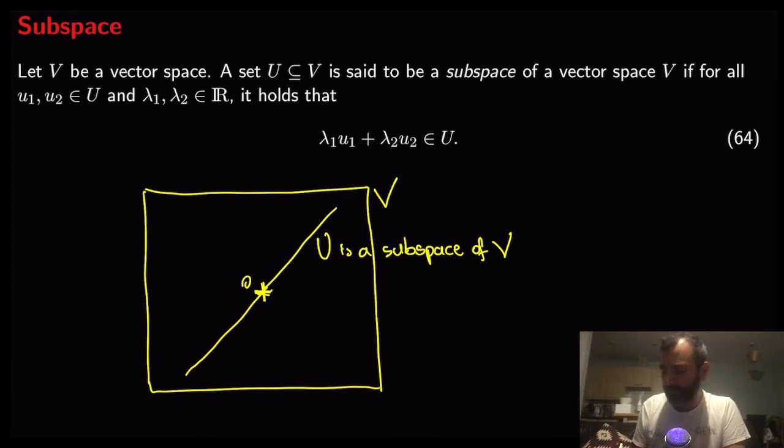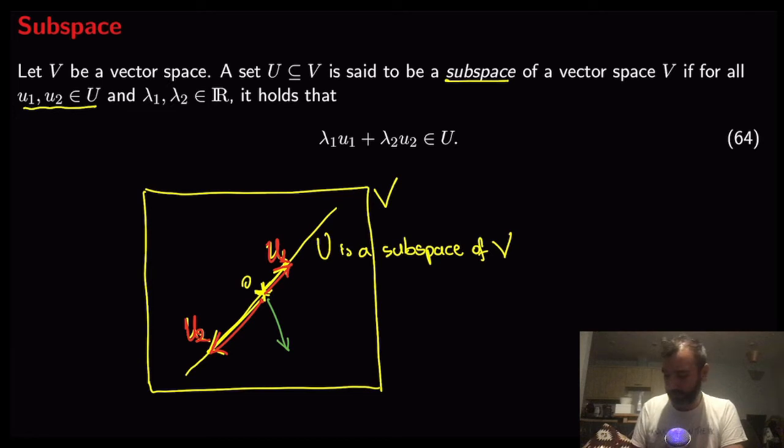We say that the set U is a subspace of V if I take 2 elements inside there, U1 and U2, and whenever I add U1 plus U2, the result is inside U. Indeed, you see here, if you do U1 plus U2, the result is inside U. It is not here.